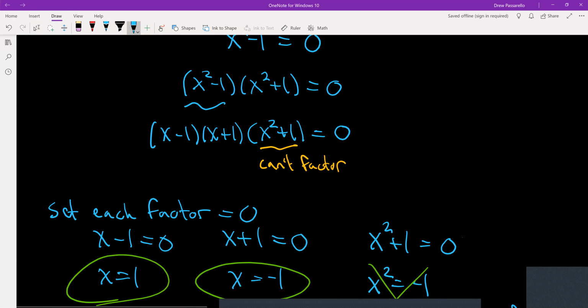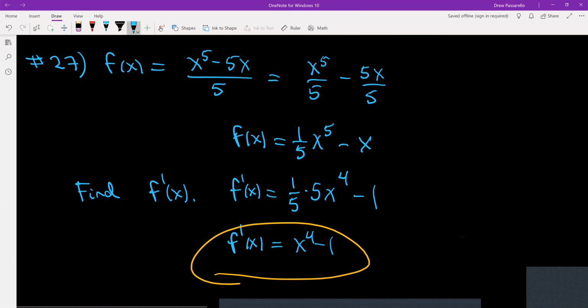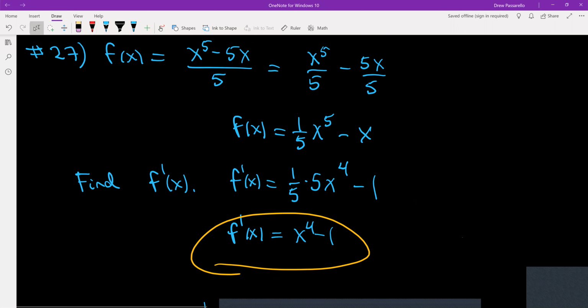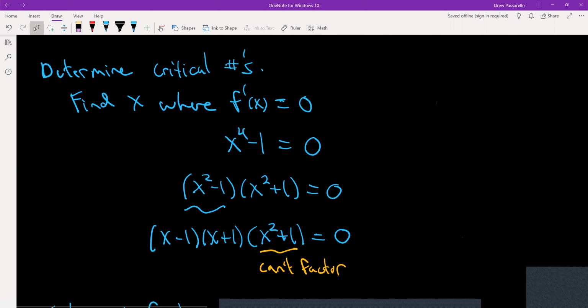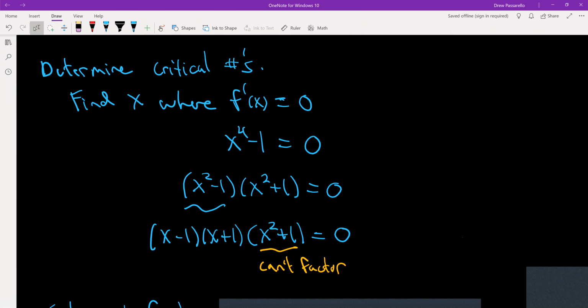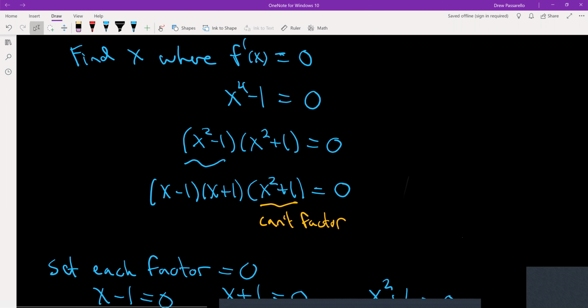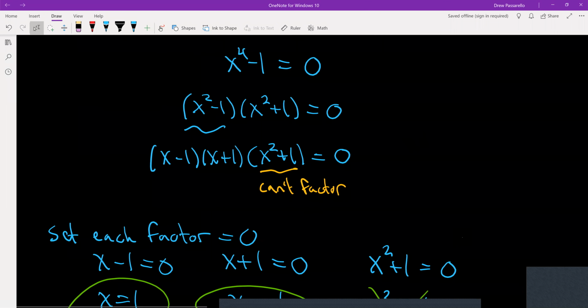Okay, so far I rewrote the function so that it's easier to find its derivative. I found its derivative. It was x to the 4th minus 1. Then I determined the critical numbers, and that involved doing all this factoring. And that's where I used a factoring formula.